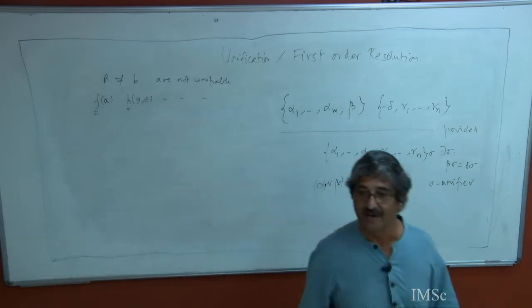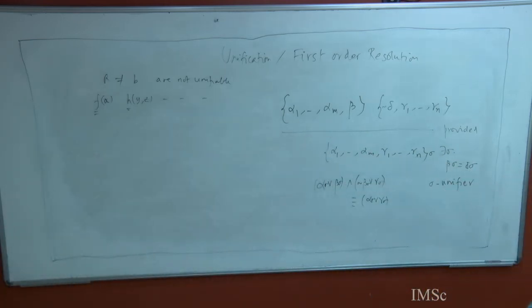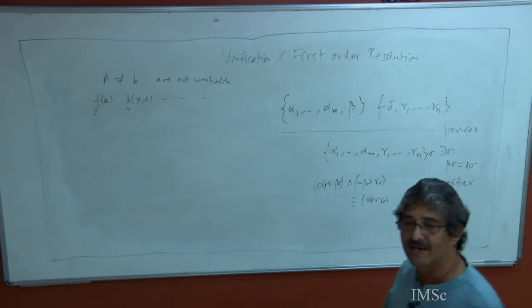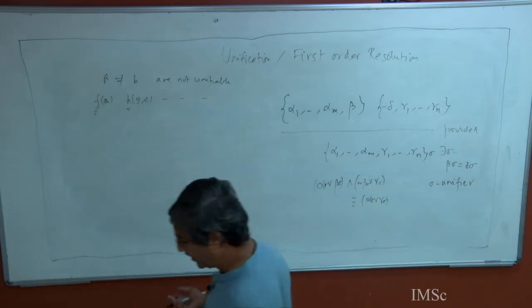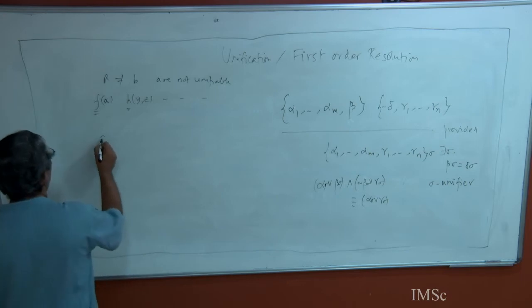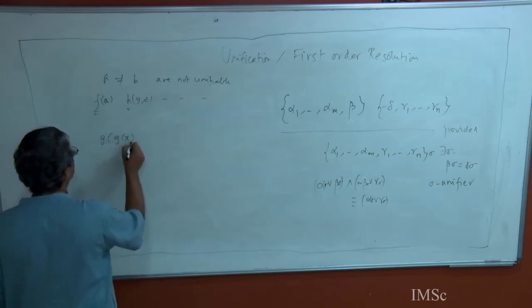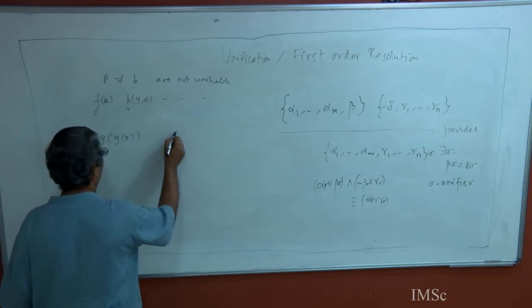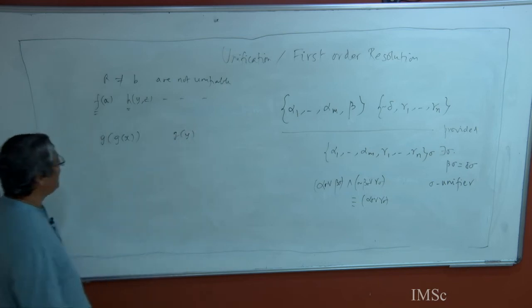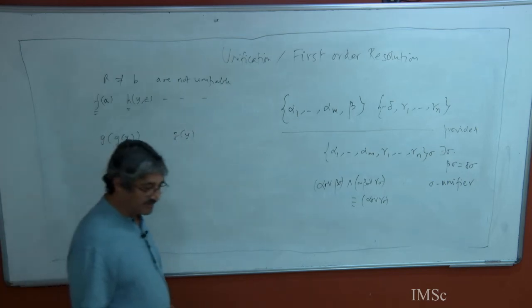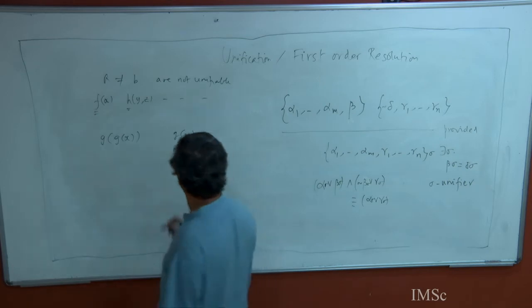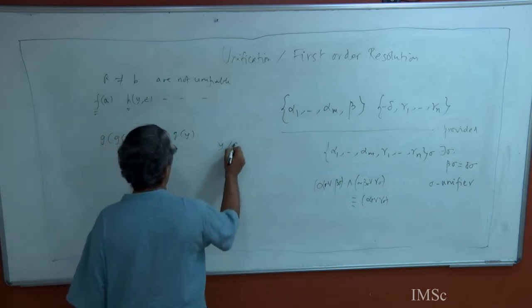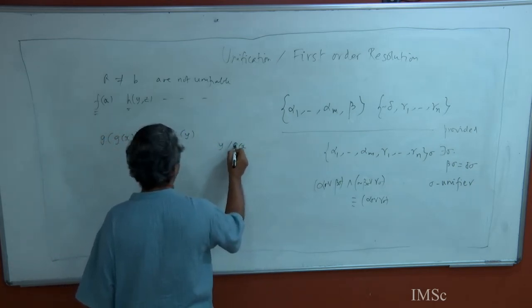It's only a variable that you can substitute by a term. That's the only way you can unify two terms. So the example I took last time was g of x and g of y. Now, these are two terms. Clearly, you have one unifier, namely y replaced by g of x.